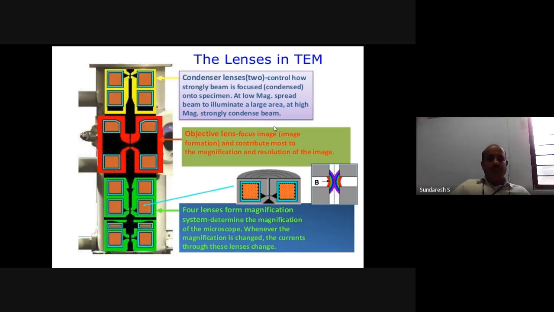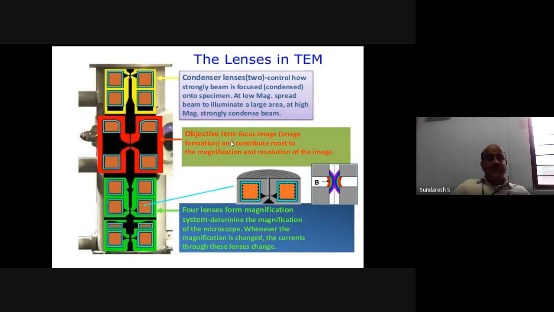So we have the condenser lens. There are two condenser lenses. They control how strongly the beam is focused onto the specimen. At low magnification, they spread the beam to illuminate a large area. At high magnification, it strongly condenses. So this is the condenser lens.